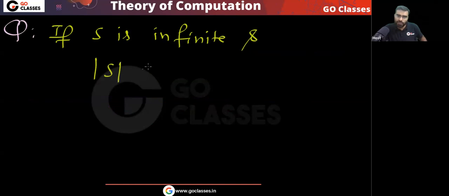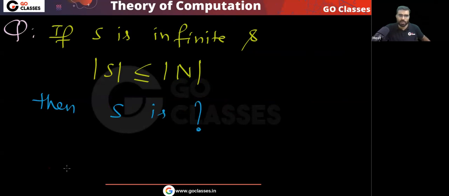If S is infinite and size of S is less than or equal to size of N or integers, then what can you say about S? Tell me. Let me know.